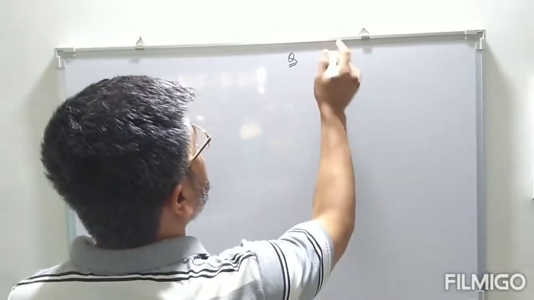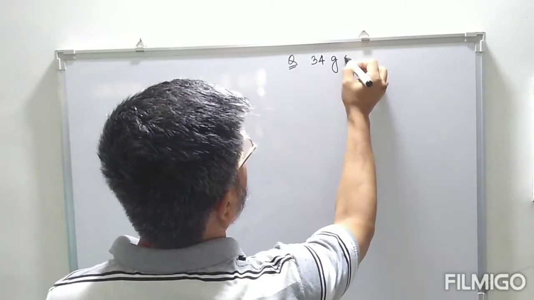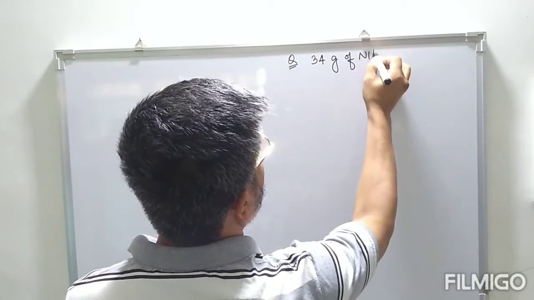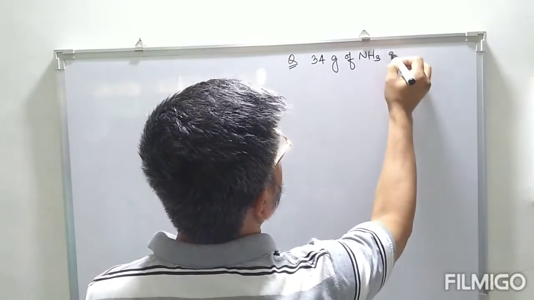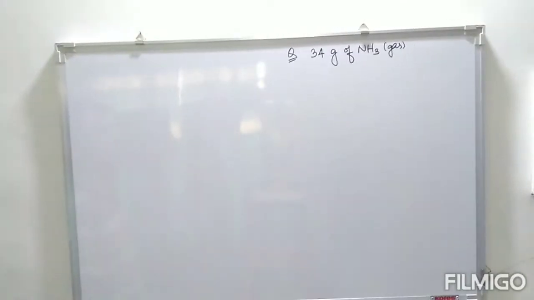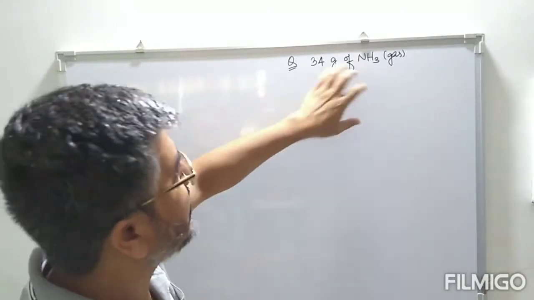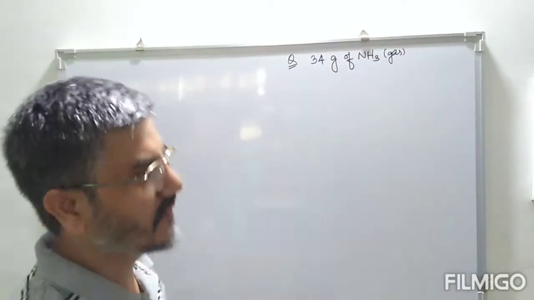Question: you are given 34 gram of ammonia gas. The question says we have a sample of ammonia whose mass is 34 gram.